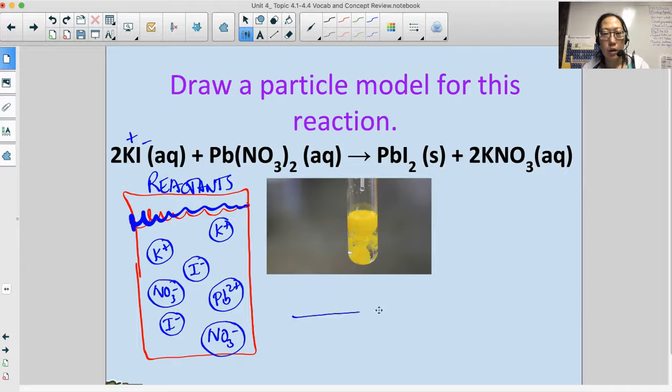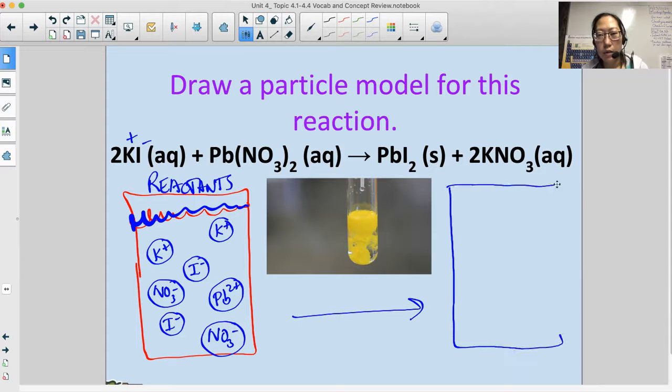Over here, now we let them react and they form a precipitate. This stuff at the bottom, PbI2, is stuck together on the bottom like this. It's that precipitate that's sitting there, that yellow stuff.